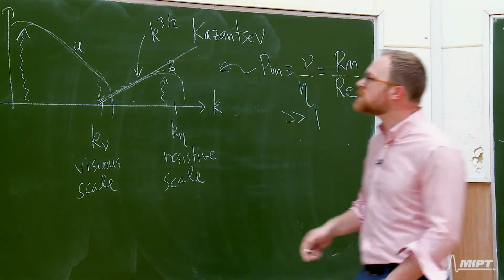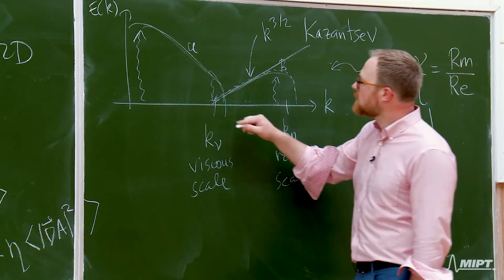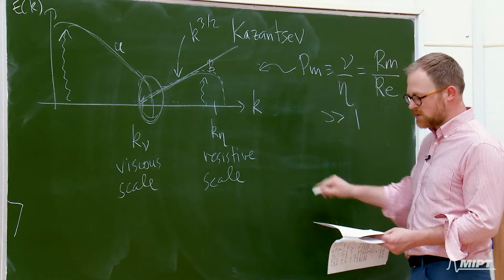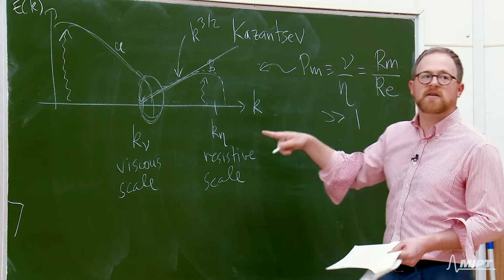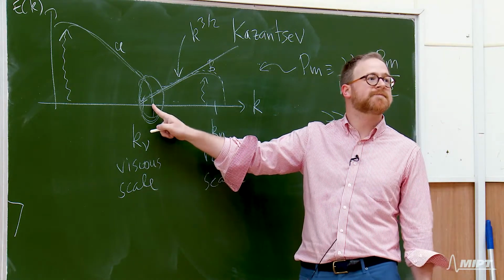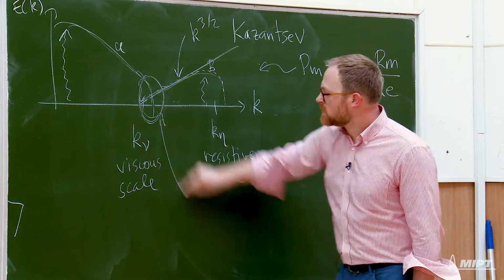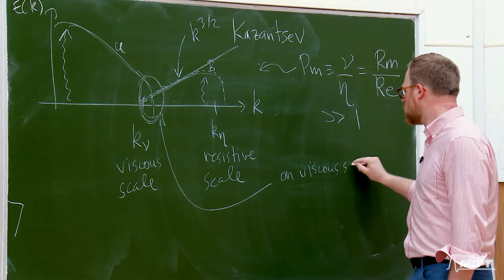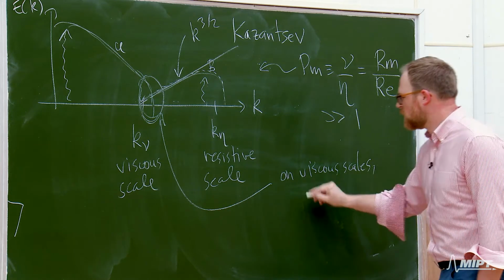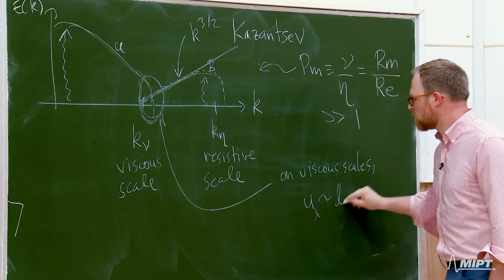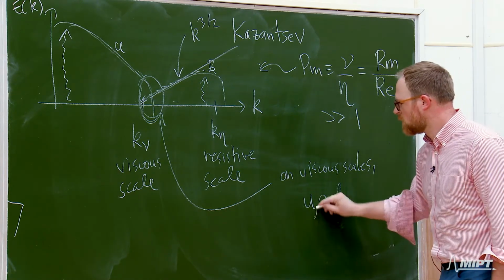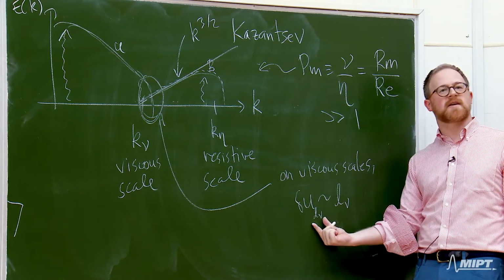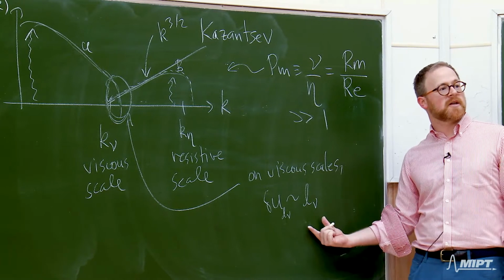Right, so how it goes is that on these scales, I worked this out in my notes, the velocity looks locally linear. So on viscous scales, the velocity fluctuations are locally linear.